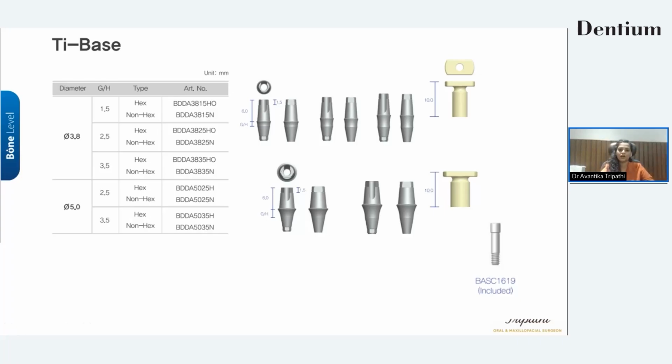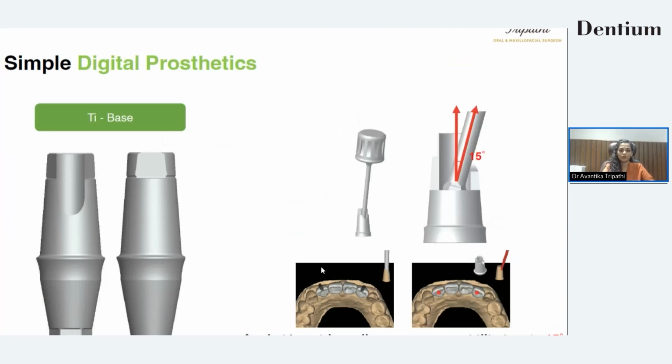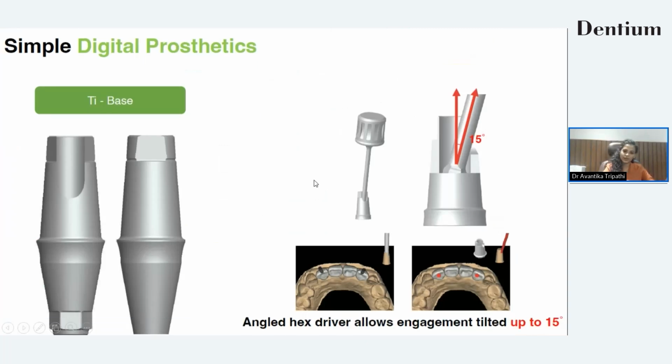The advantage of this side cut is, if we are going to place an implant at a slight angle, suppose I place an implant at 15-degree angle, and my screw hole is coming labially now, but I want that it should not come labial, it should be lingual. So in those cases, I'm going to use a TI base, and through this slot, I'm going to pass my angled screwdriver.